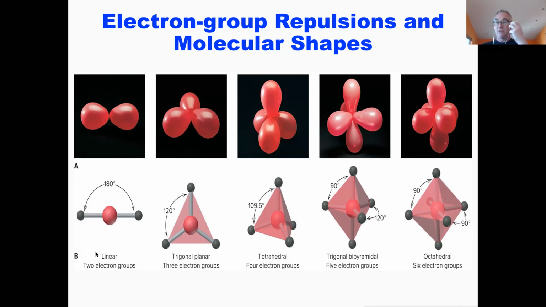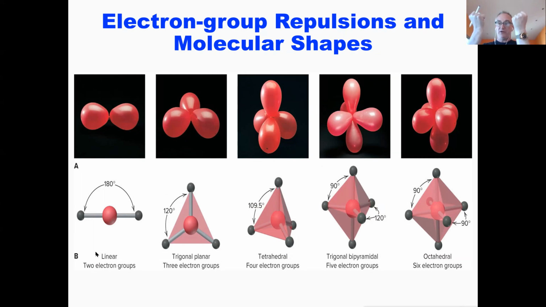So just think about this. If I have 2 groups of electrons in space, where are they going to go to be as far apart from each other as they can? Well, 180 degrees apart. They can't get any more apart than that. If you bend them in one direction, or the other direction, or forward or backward, they get a little closer together.